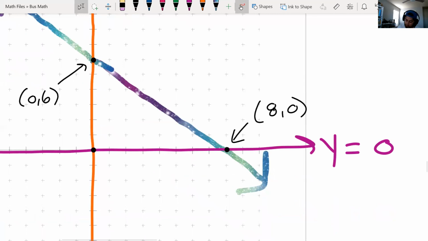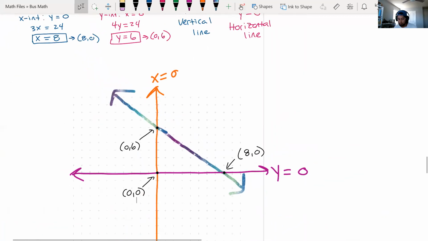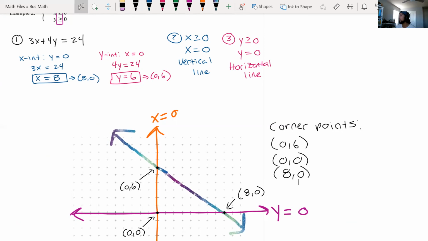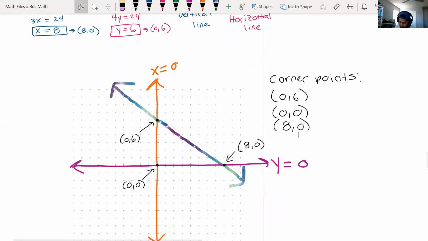And our last corner point is 0, 0. So these are all the corner points. So I'll list those over here. We have 0, 6, 0, 0, and 8, 0. Okay, cool. Now the last part is test points, of course.